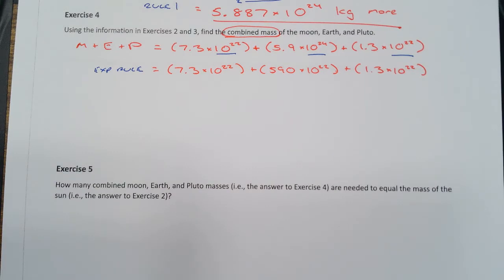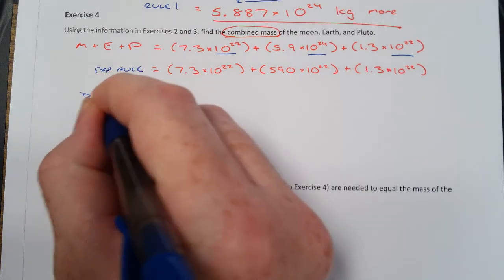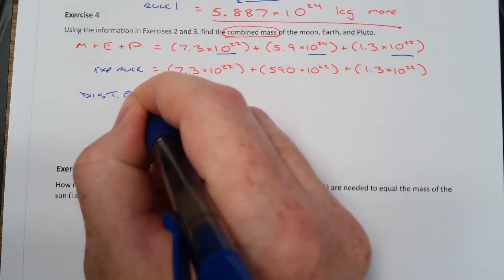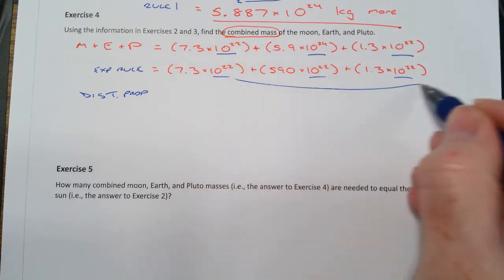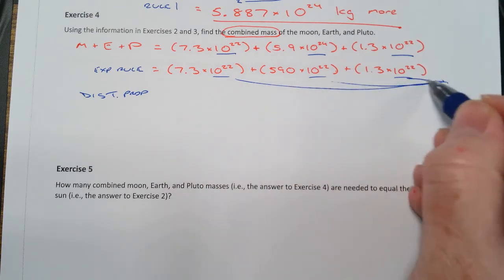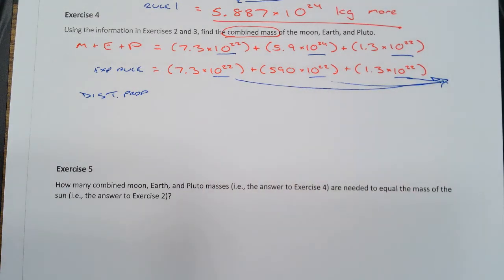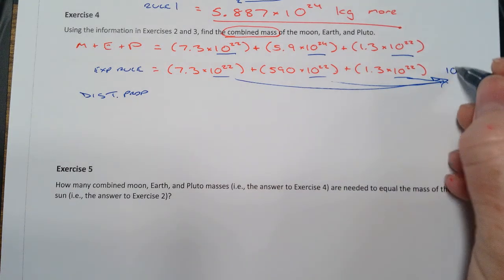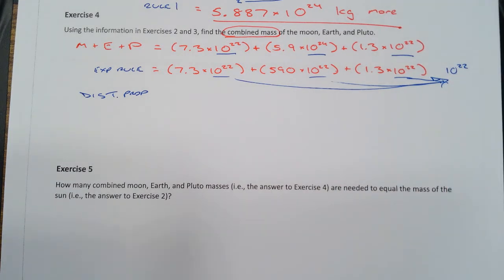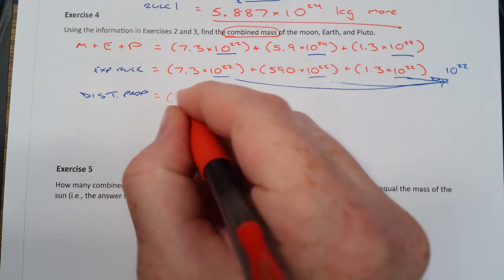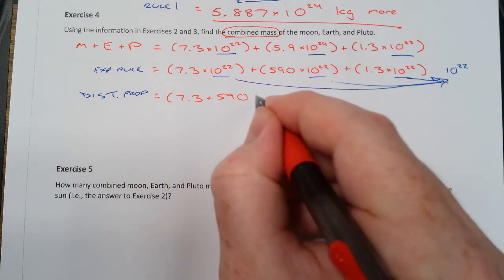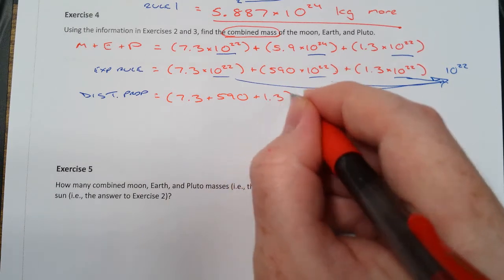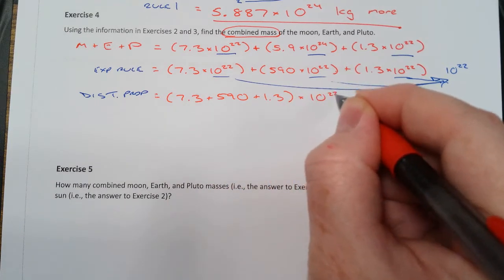Now that all the exponents are the same, we can use the distributive property. Because everything's the same, let's pull the 10 to the 22nd out of all 3 parentheses. So we get 7.3 plus 590 plus 1.3 with 10 to the 22nd on the outside.